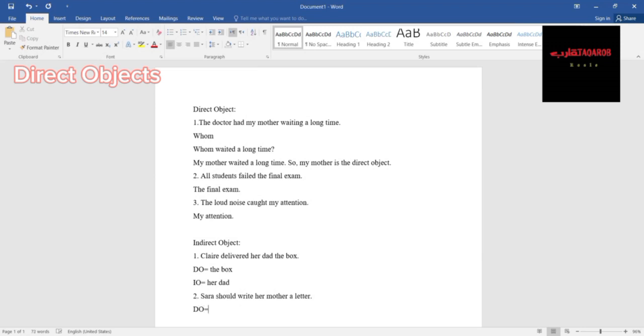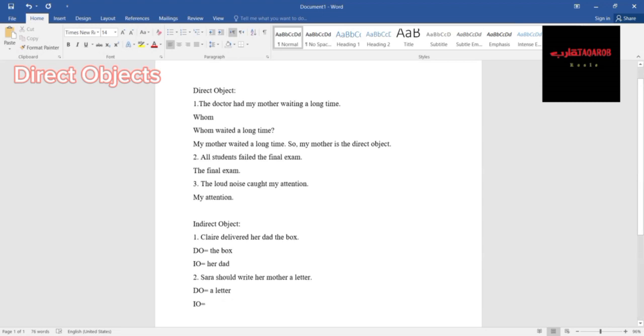DO means direct object, a letter. Sarah should write a letter. And her mother is the indirect object. And we can't say Sarah should write her mother without saying a letter. So we can't remove a letter because it's the direct object.